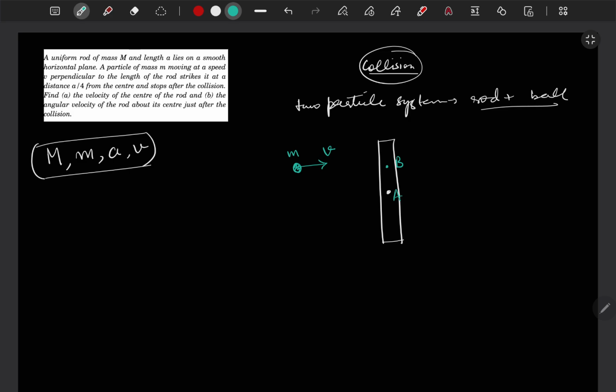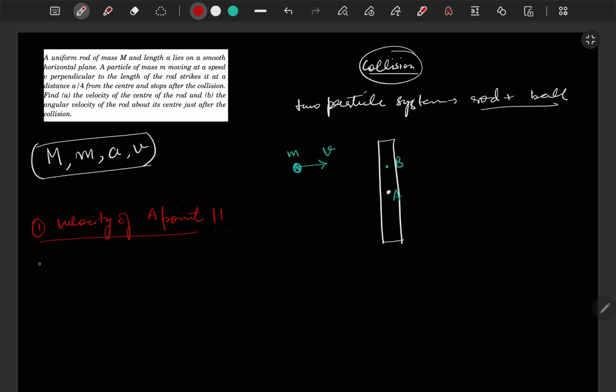Now this is what is happening, and these kinds of questions are a little bit difficult, so you need to have patience with them. You need to understand what they are asking us to find: the velocity of the center of the rod, any velocity of a point of the rod. This is the thing that they're asking.